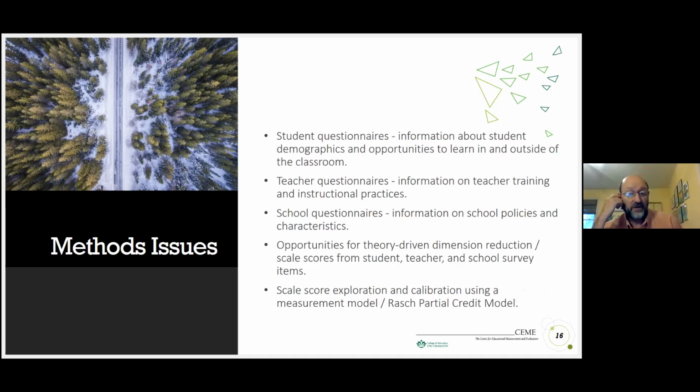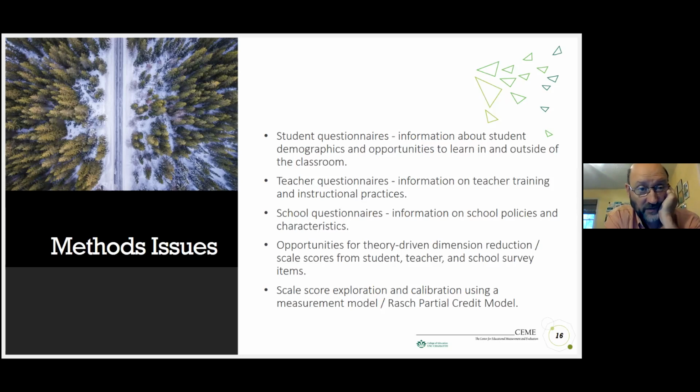The student questionnaires include information about student demographics, but also questions about opportunity to learn in and out of the classroom, exposure to different instructional strategies, different community resources, etc. Teacher questionnaires often focus on things like teacher training, teachers' reported instructional practices, teachers' perceptions of their working conditions, etc. School questionnaires talk about school policies, right, and school structural characteristics.